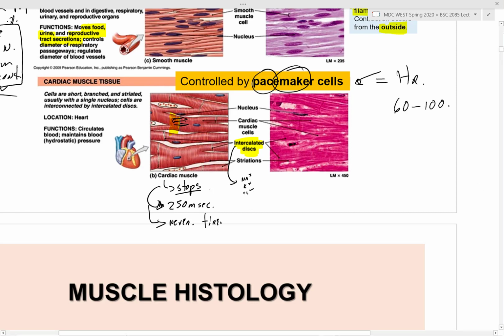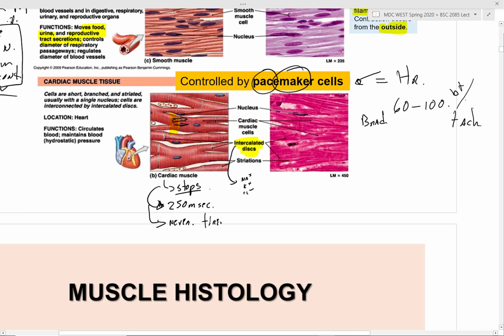Anything below 60 is called what? Bradycardia. Anything above 100 is called what? Tachycardia. Right? So that is your heart rate, also known as the pace of your heart. Because we did numbers, but we didn't do time. So 60 to 100 what?